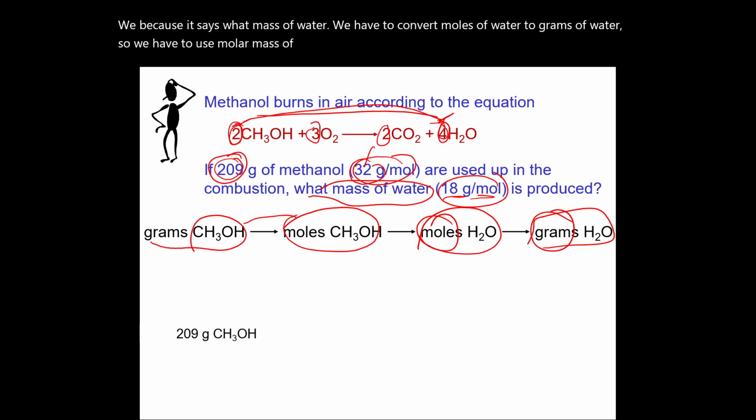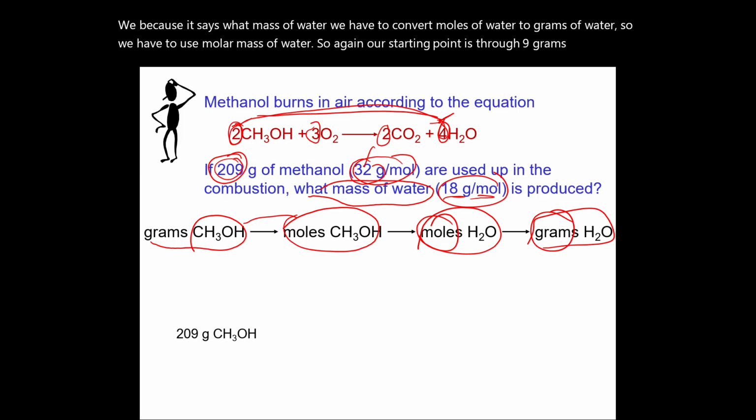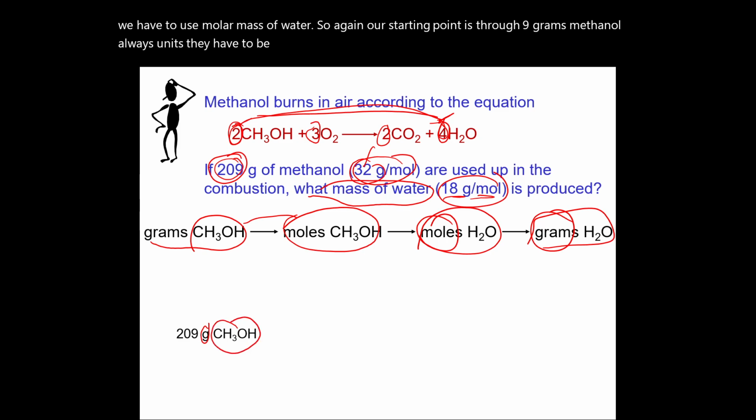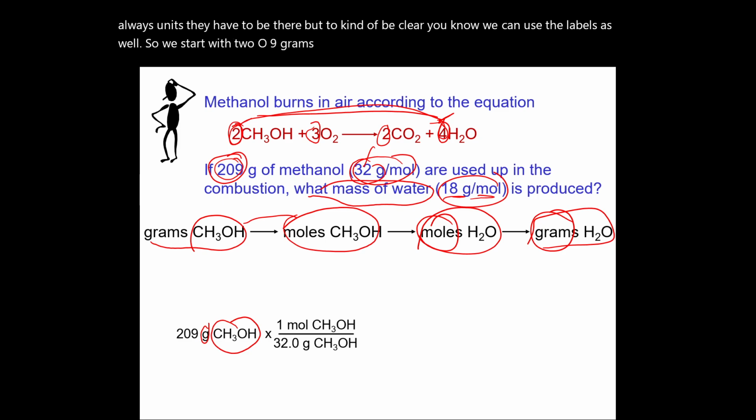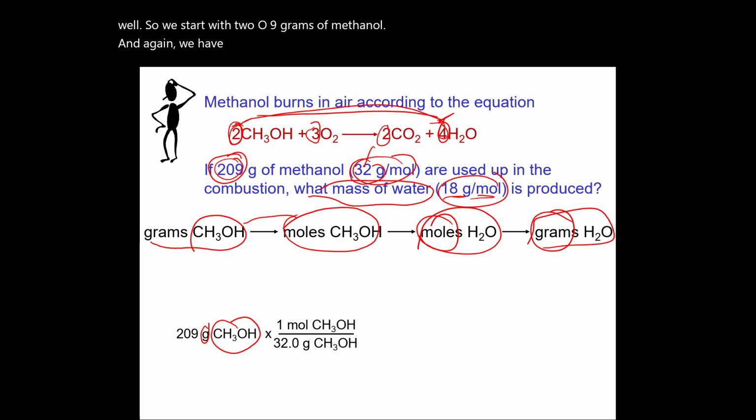So again, our starting point is 209 grams methanol. Always, units have to be there, but to be clear, we can use the labels as well. So we start with 209 grams of methanol, and we have to convert grams methanol to moles. We have to use the molar mass.